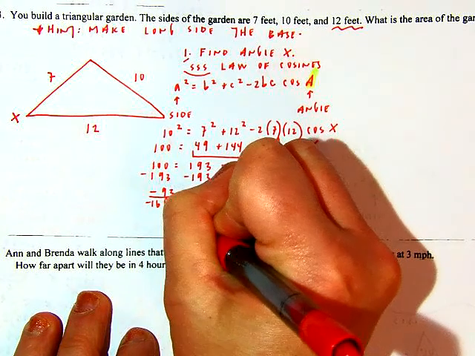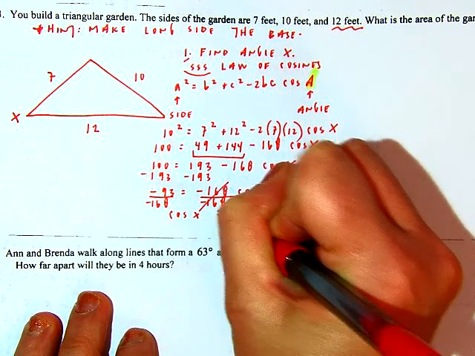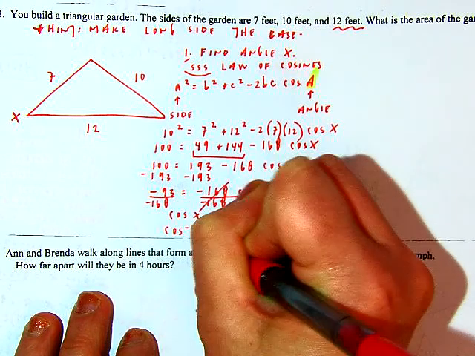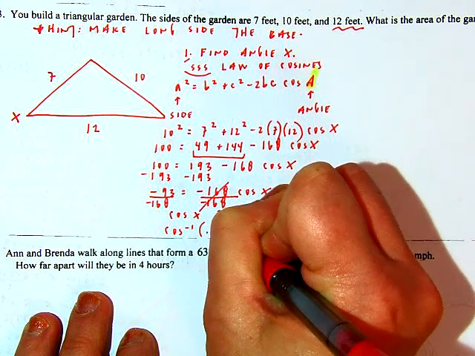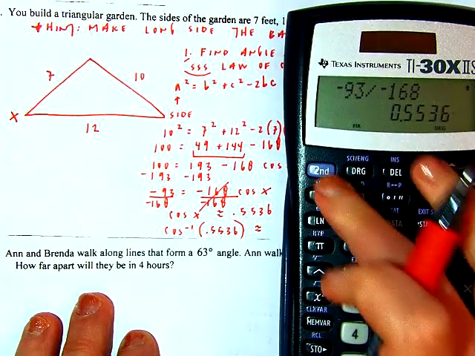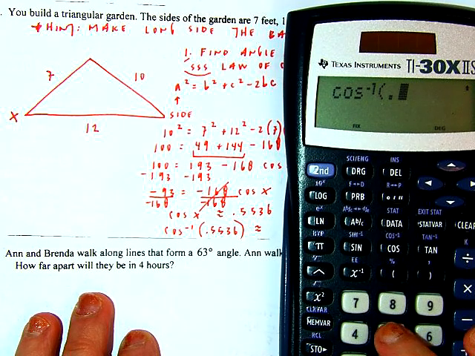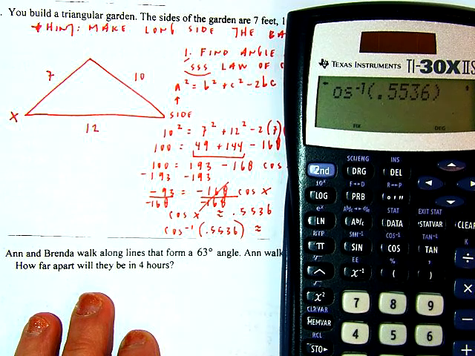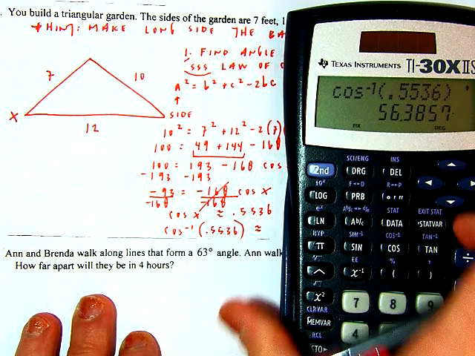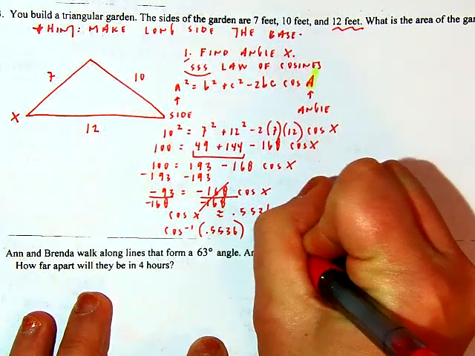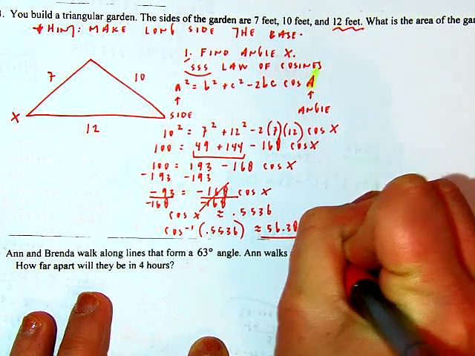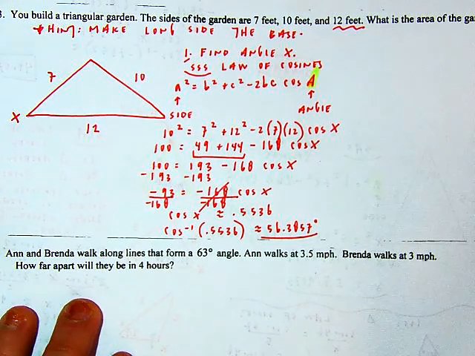So cosine x is about 0.5536. So inverse of cosine with that ratio will get me my approximate angle measure. So second cosine of 0.5536, and we get an angle measure of about 56.3857 degrees. Let me add that to my picture right here.